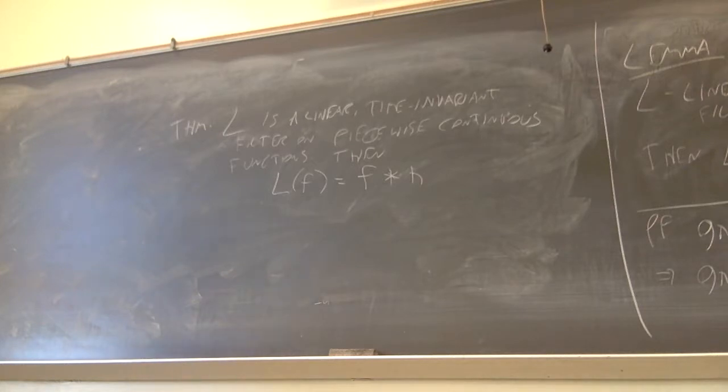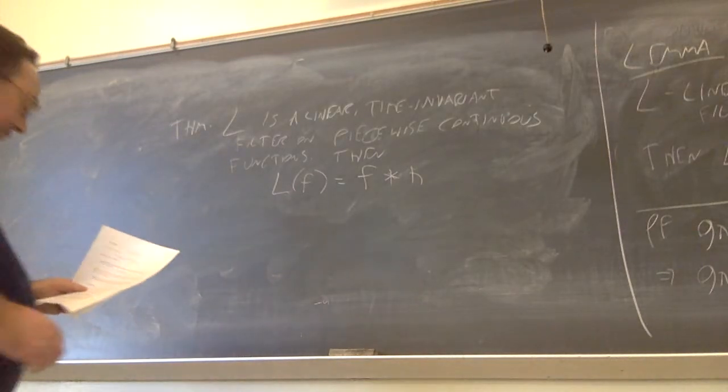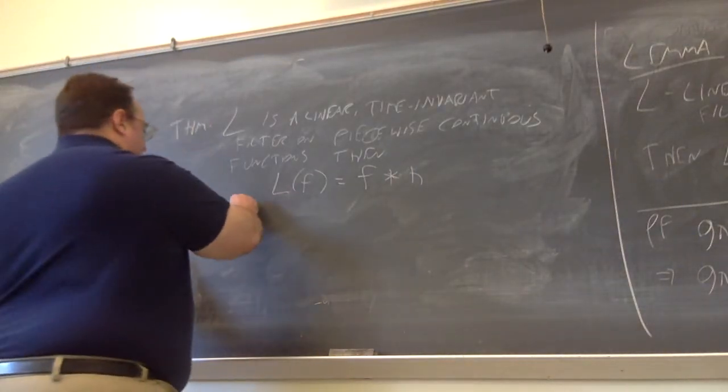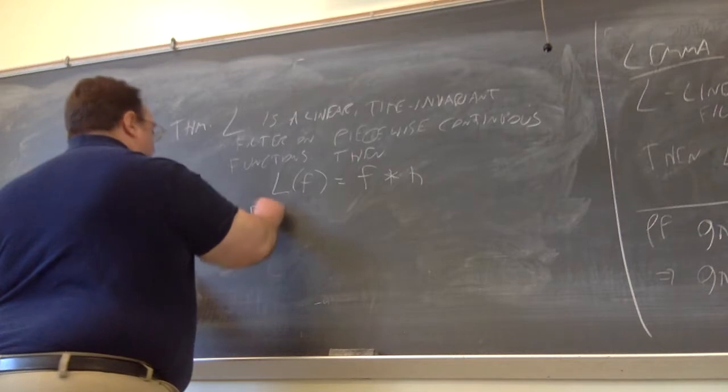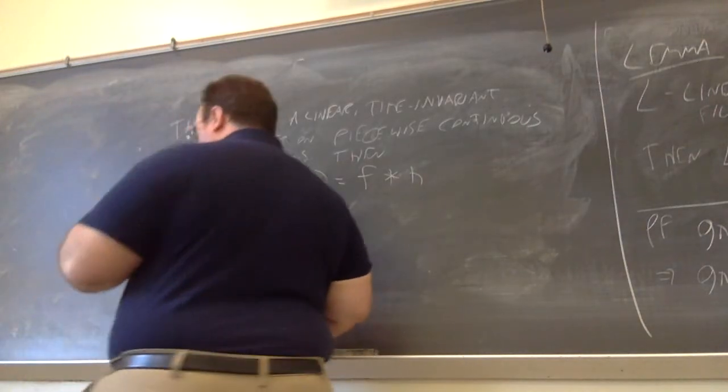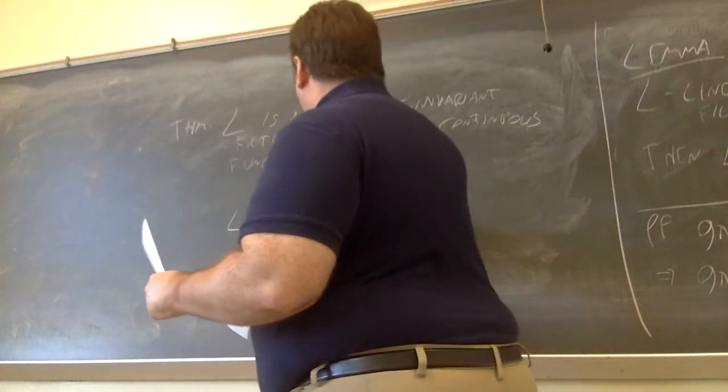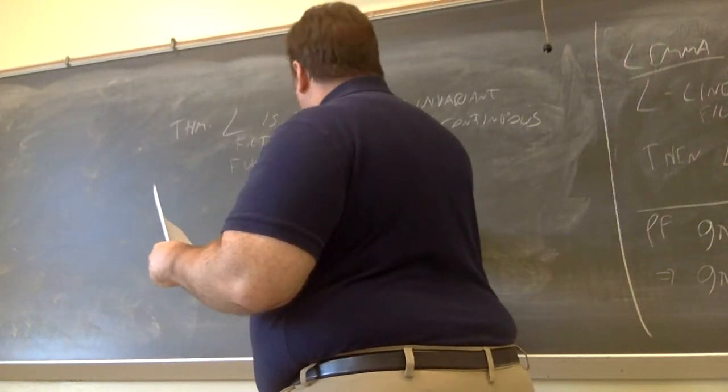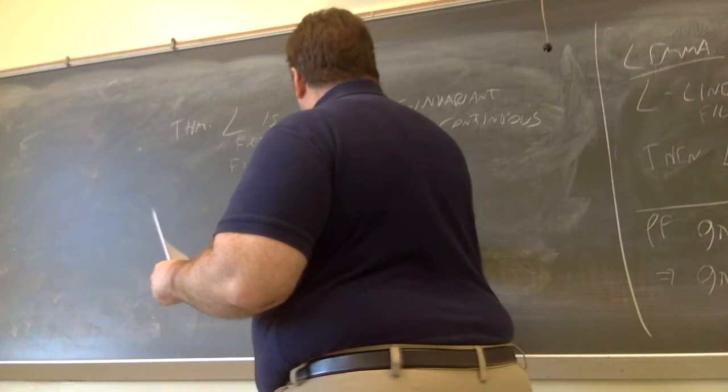Okay. And that rather cumbersome proof over there for the lemma leads to a relatively easy proof over here of a theorem. Because I'm applying L to some function f, and what I do is I write f in terms of its Fourier transform.